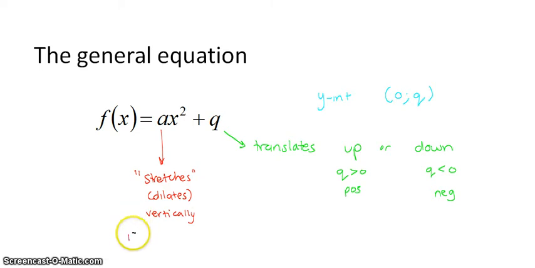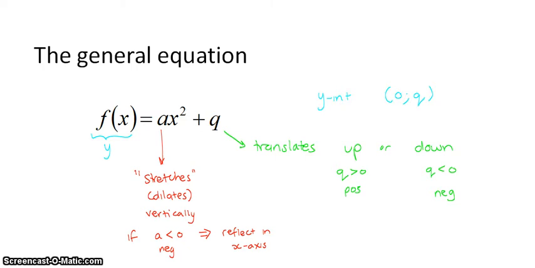And notice also if a was negative, then we know that we had to reflect in the x-axis. Easy done. Don't forget as well, people seem to get freaked out about it, f of x is just your y coordinate. So this is saying y is ax squared plus q. Depending on what q and a are, is going to determine what our graph looks like.